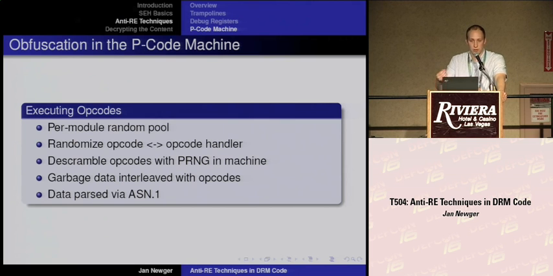And this is just to further increase the protection. So, as I said, the machine actually has a built-in pseudo-random number generator, and additionally, there is data interleaved with the opcodes, which is just there to confuse the reverse engineer. It's just garbage data inserted between opcodes, and this data is actually parsed via ASN1.